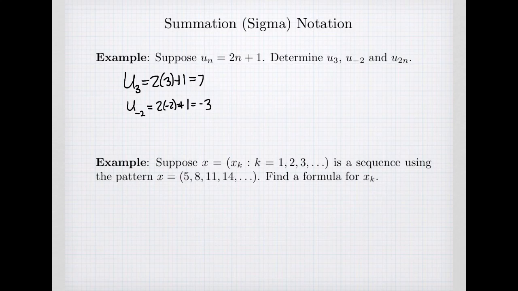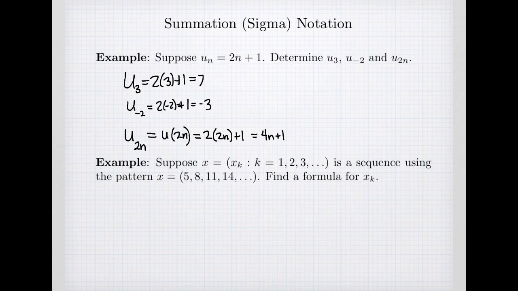And when I have a formula like u of 2n, I think of this like a composition. Using parentheses notation, I would have an input of 2n, so that it's 2 times the input, which is 2n, plus 1, for a grand total of 4n plus 1. And so sequences can have compositions, just like a function can have compositions.